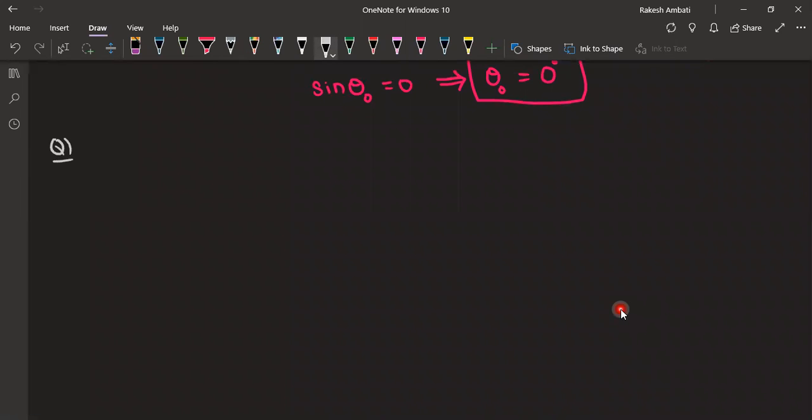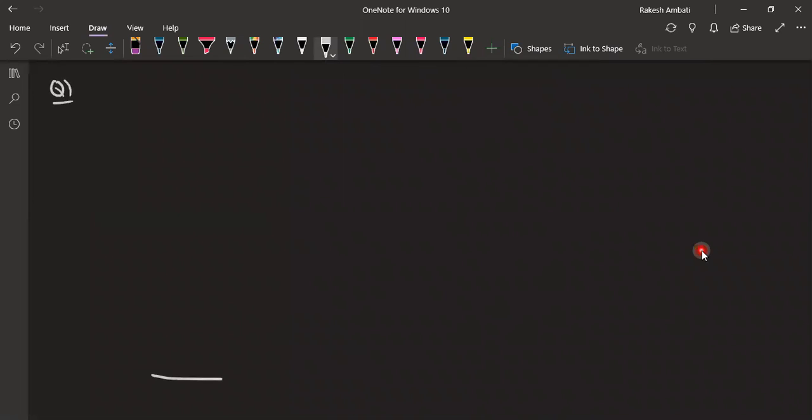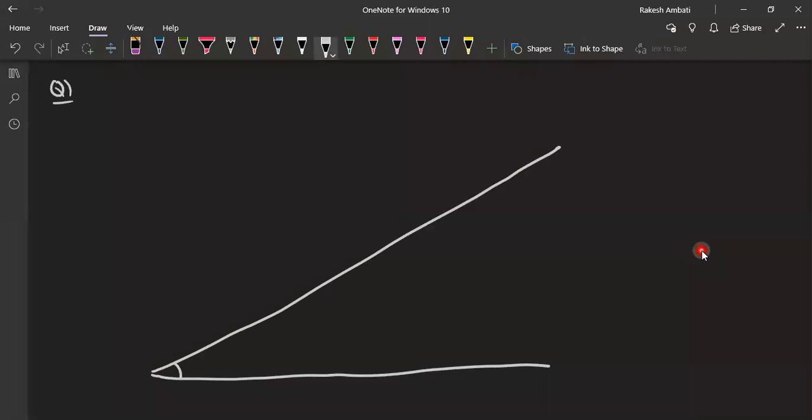Next question. We have an inclined plane, and in the question, theta is the angle of inclination.